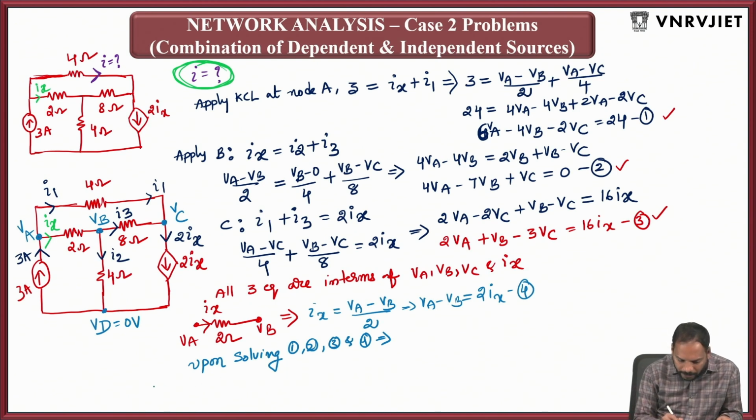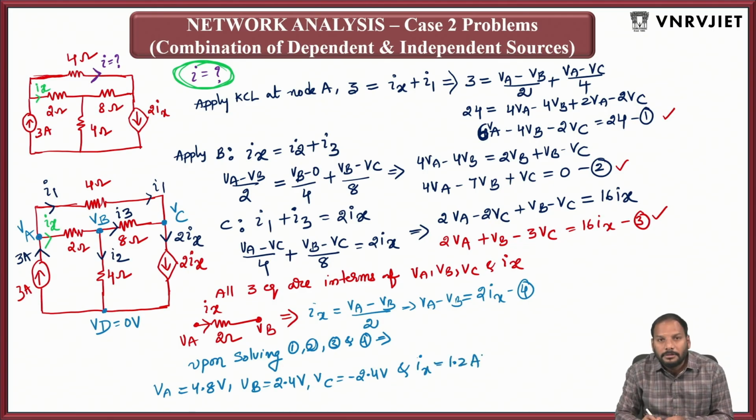The value of VA is 4.8 volts, the value of VB is 2.4 volts, the value of VC is -2.4 volts, and the value of Ix is finally 1.2 amperes. So all the 4 unknowns, that is VA, VB, VC and Ix, are known to us.